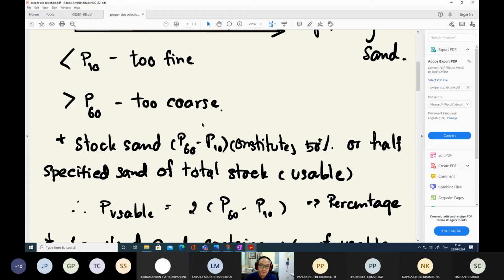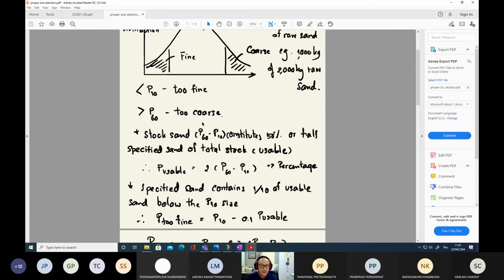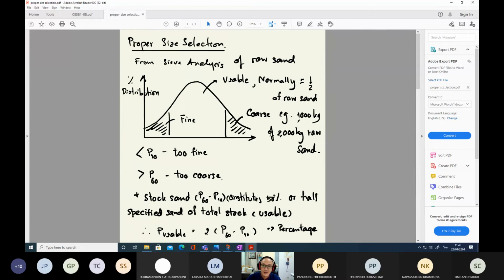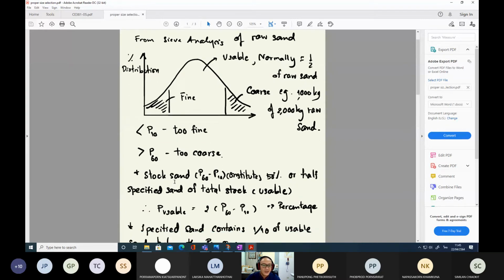Normally, okay, this will be better so that you can see the overall details. For the stock sands, usually the difference between P60 and P10 contributes around 50%, or half, of the specified sands of the total stock that are usable.